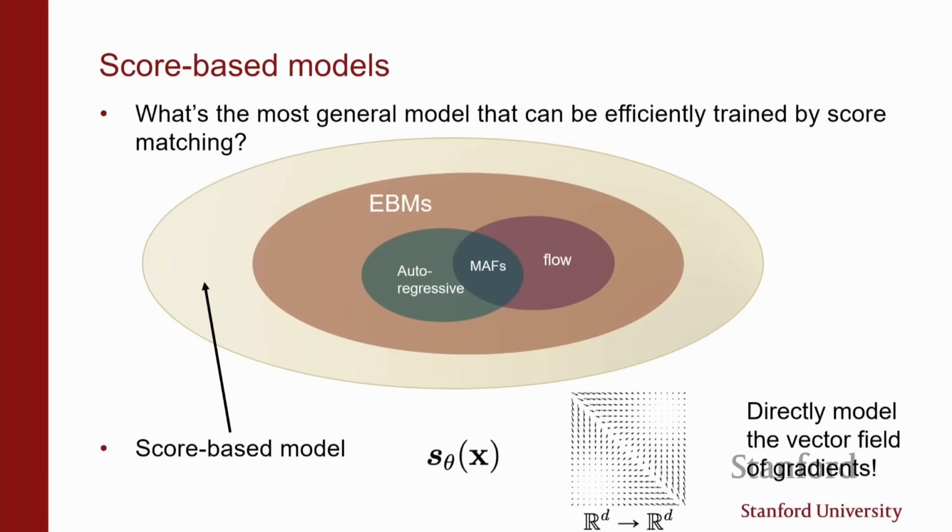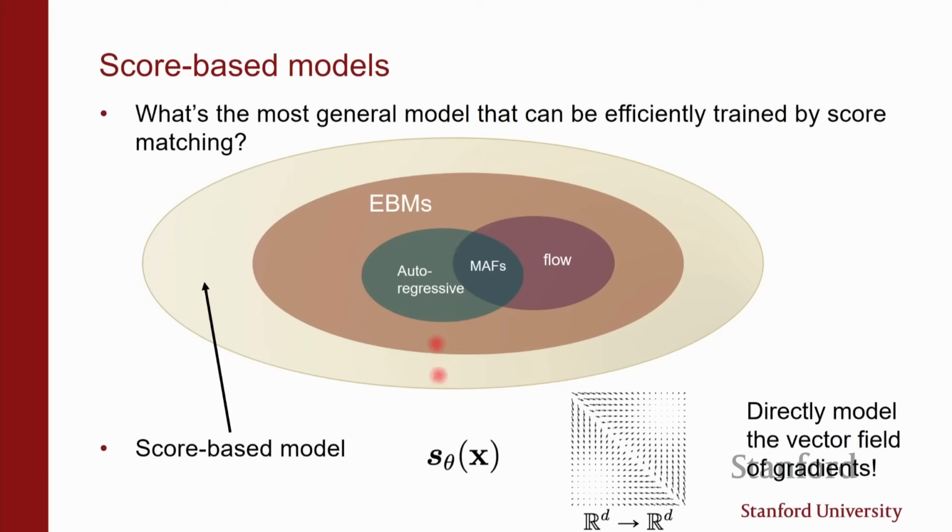The difference with respect to an EBM is that we're not going to necessarily model the energy and then take the gradient of it. Instead, we're going to directly think about different kinds of vector fields that we can parameterize using a neural network. In this case, the neural network is a vector valued function.